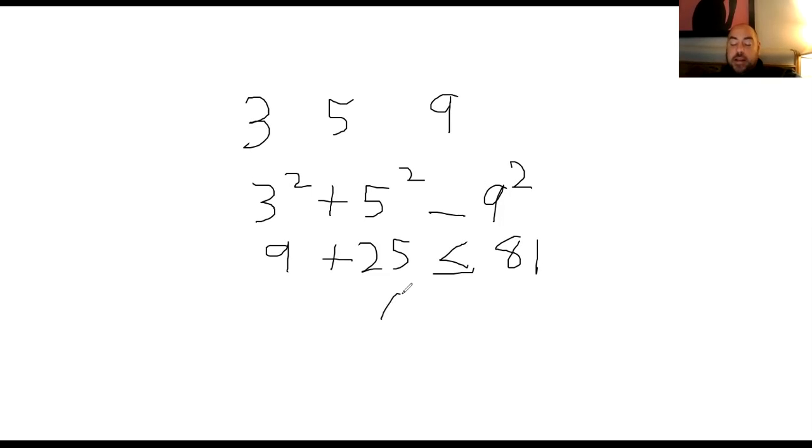This means that would be an acute triangle. So this leads us to the three final rules when it comes to the Pythagorean theorem.